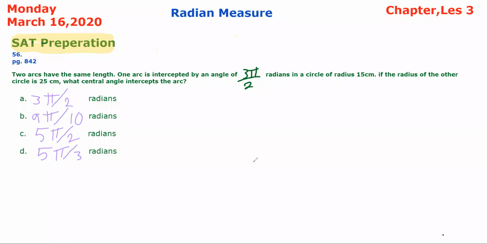Now, open your book, page 842, exercise number 57, SAT preparation. In this question, two arcs have the same length. One arc is intercepted by an angle of 3π over 2 radians in a circle of radius 15 centimeters. So here we have a circle with a radius of 15 centimeters and an angle of 3π over 2.